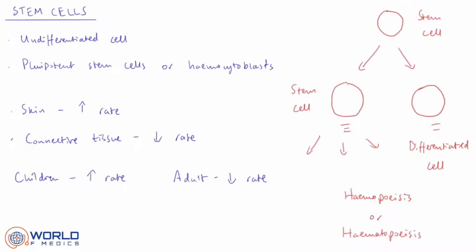Another thing which is worth mentioning is the amount of ATP available within the body. ATP, as we know, is our energy source, which is utilized by the cell to undergo various processes, including stem cell division. Therefore, if we have a low amount of ATP within the body, stem cell division can be halted or slowed down.